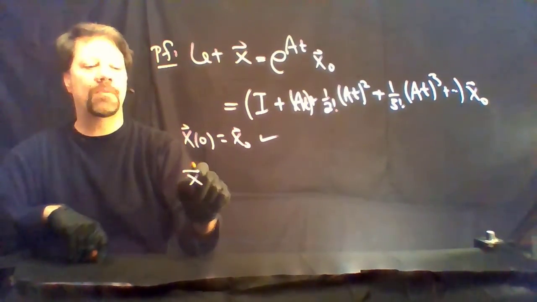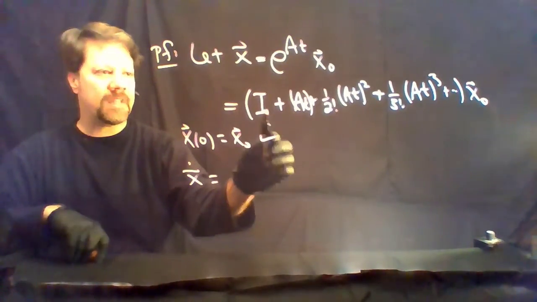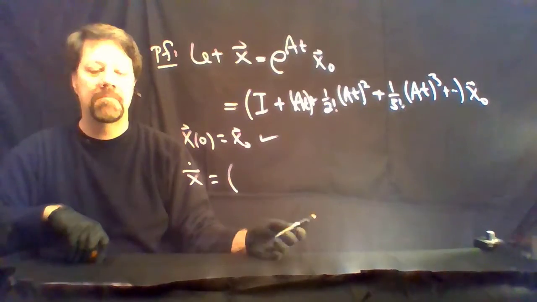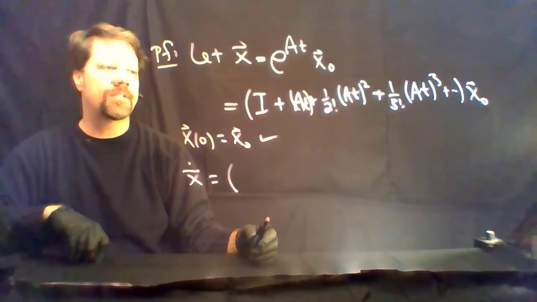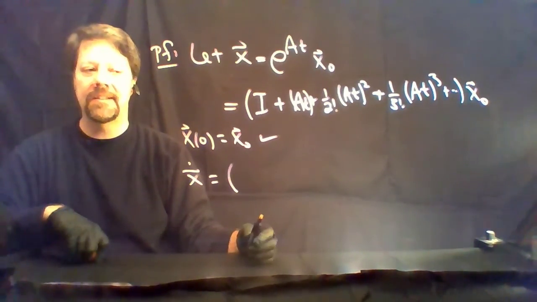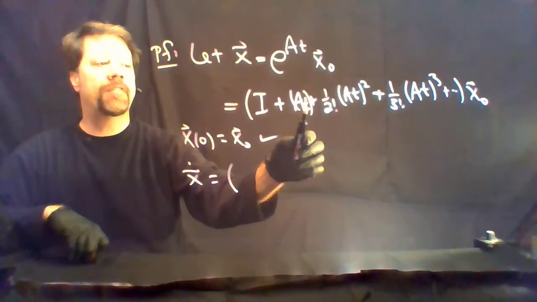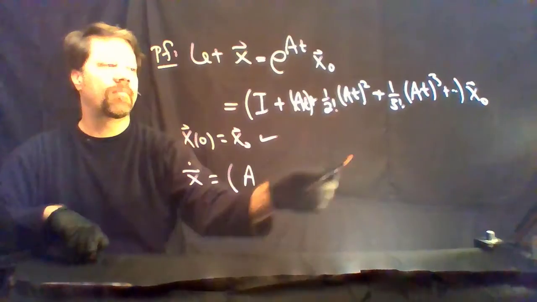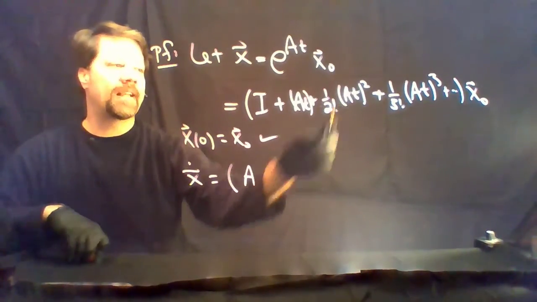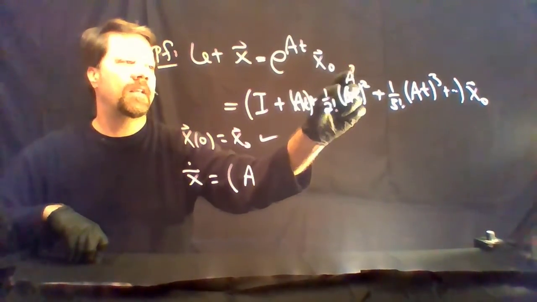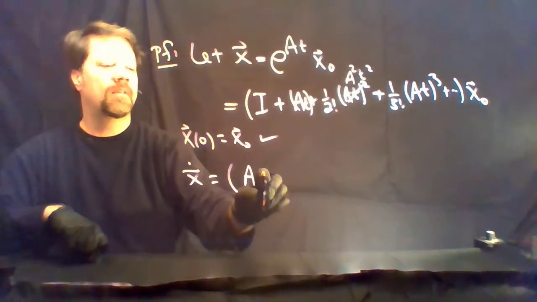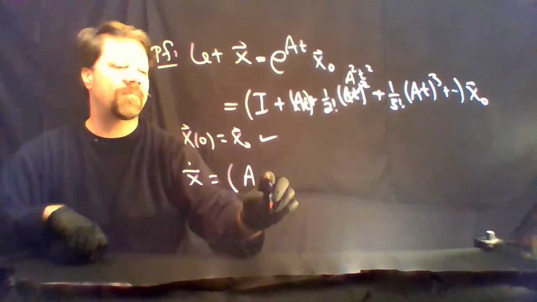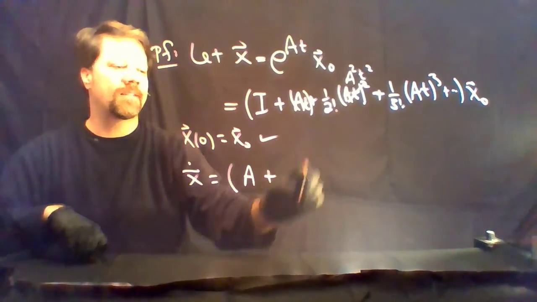So to do that, we'll calculate the derivative. The derivative of the identity matrix is 0 because all of the entries are constants, and the derivative of constants is 0. The derivative of A times t, with respect to t, is just A. Derivative of the next term, A squared t squared: when you take the derivative of t squared, you get 2 times t. 2 is going to cancel this.